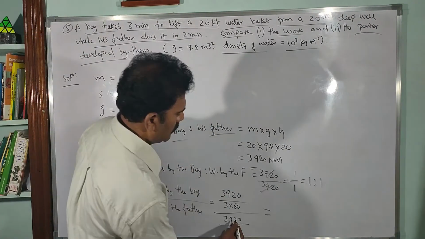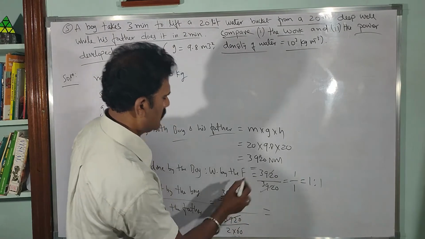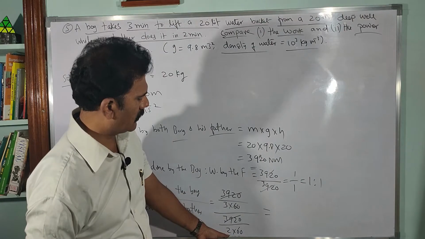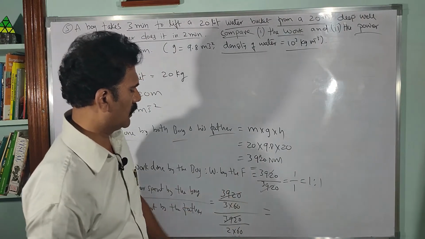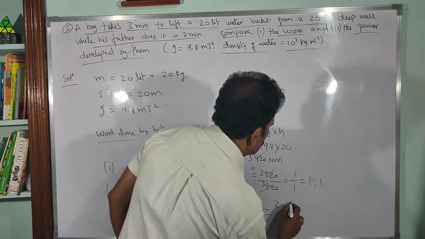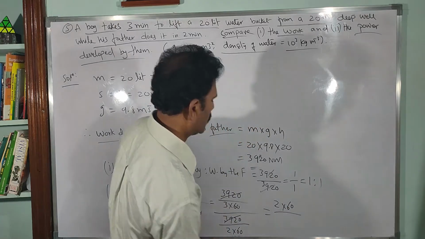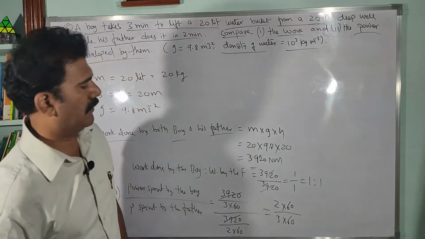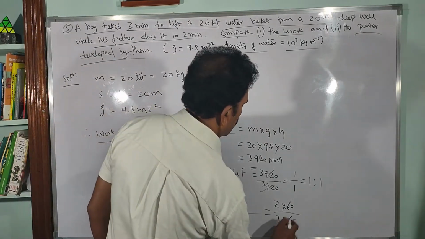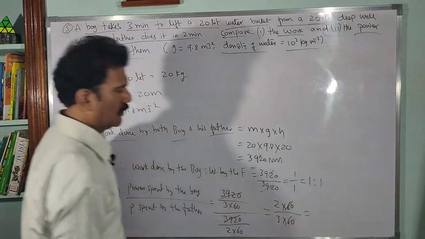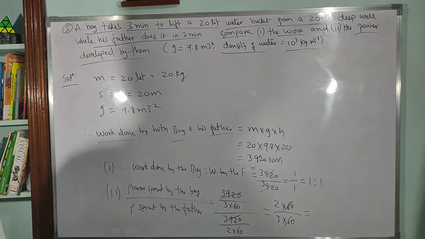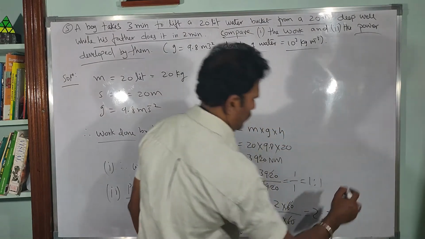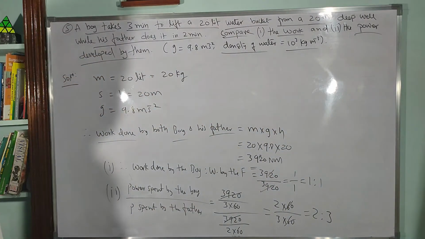You can just cancel 3920 with 3920, and the denominator 2 into 60 will come to the numerator. So that is 2 into 60 divided by 3 into 60. You can cancel out 60 again and you will get 2 by 3. So the ratio is now 2:3, the comparison.